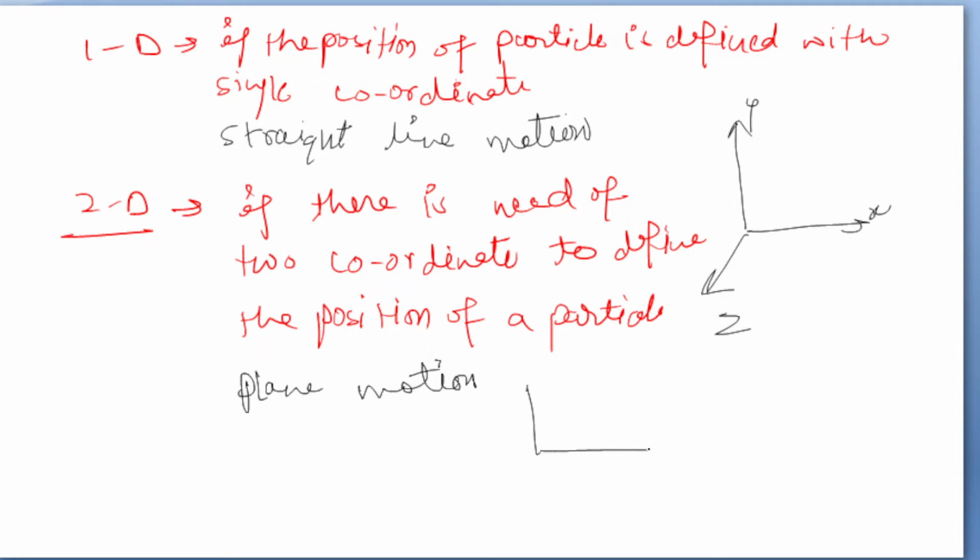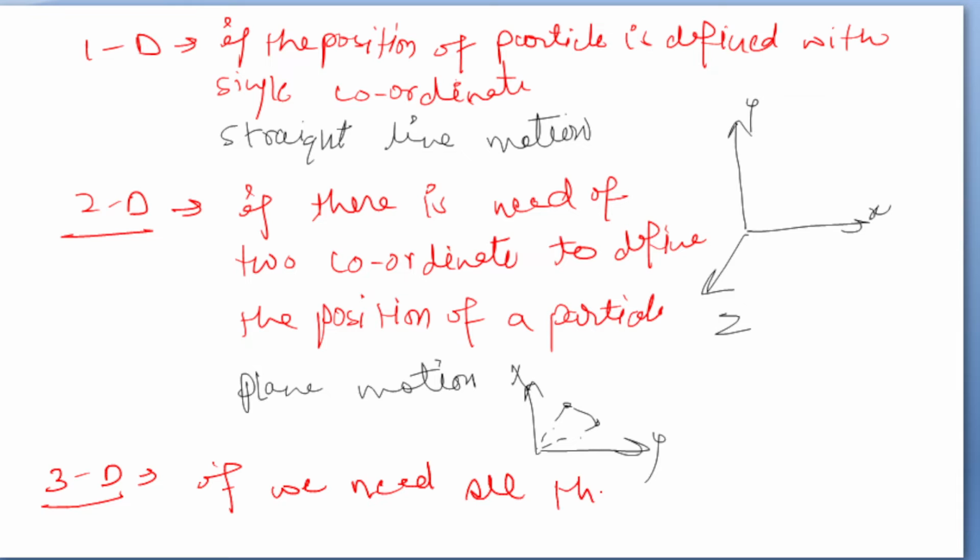So in plane motion we define the particle on x and y axis, that is any particle which is described on the two coordinate axes, x and y. And 3D, if we need three coordinates, all three coordinates.